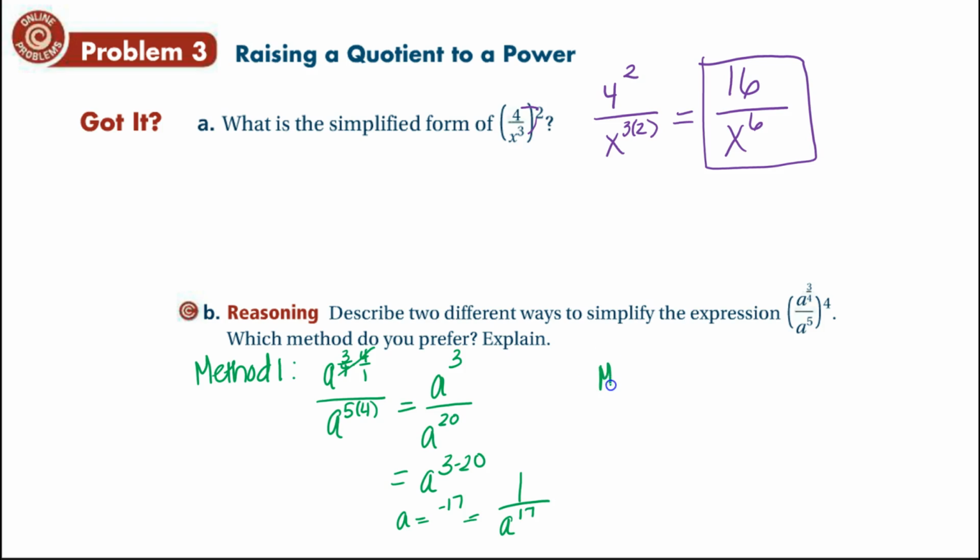Method 2, we're going to do the subtraction first. So we're going to have a to the 3/4 minus 5/1, and then to the 4th power. So we have to multiply, make common denominators here.